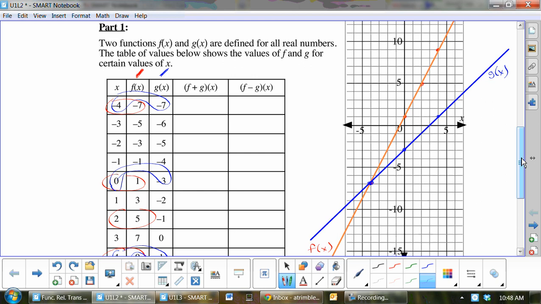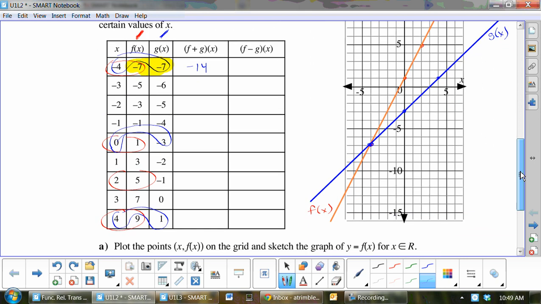But now we're going to graph f of x plus g of x, also known as (f plus g) of x. Same thing. So all you have to do is take f of x plus g of x and get that answer. So f of x plus g of x would be negative 14.